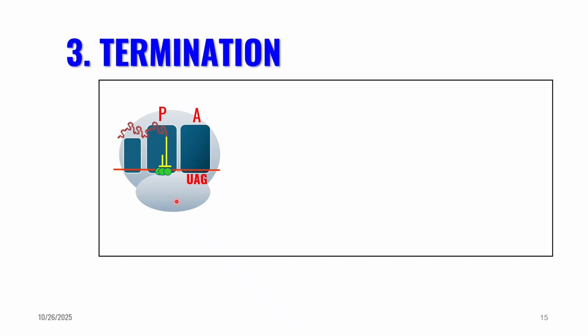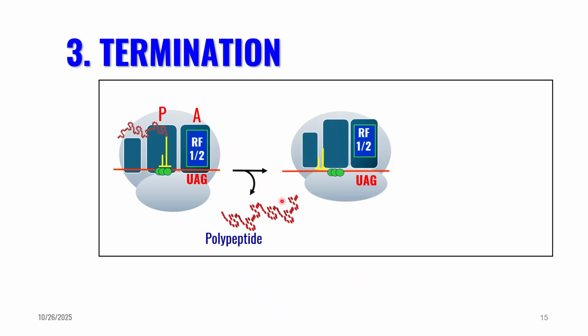When the ribosomal A site is aligned with UAG or one of the stop codons, then it is a signal for termination. In that case, release factor 1 or 2, depending on the stop codon, will occupy the A site, thereby releasing the polypeptide chain, which is functional and active.